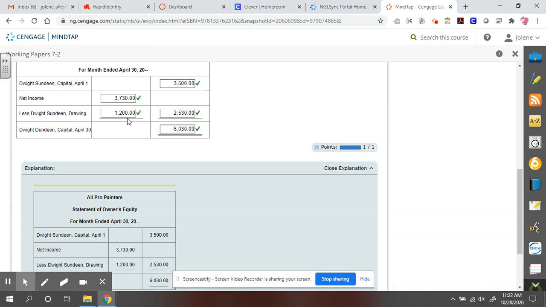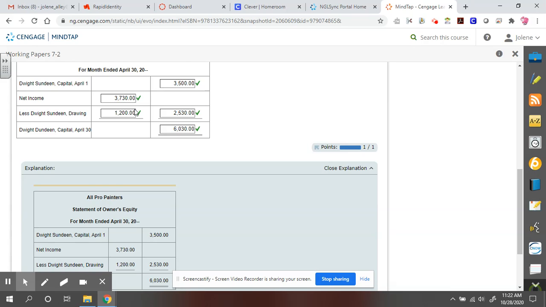But I had to subtract these to find the difference. This is still positive profit, and this is what he already had in the business, so you add them together to find out what the business is worth at the end of the month. See, it says end of the month.